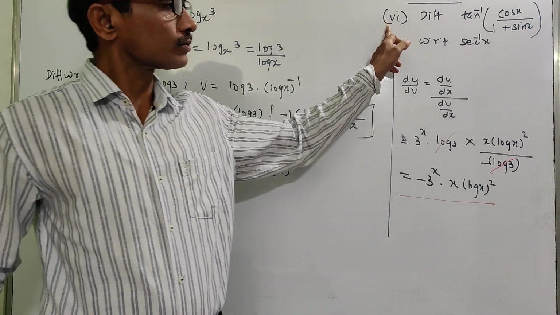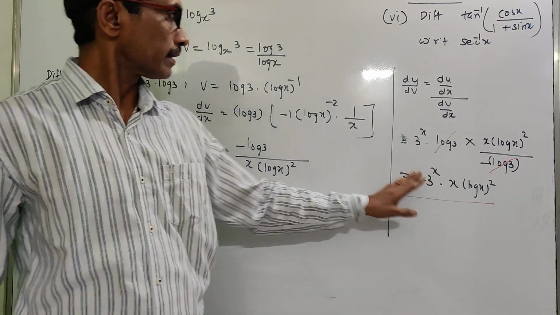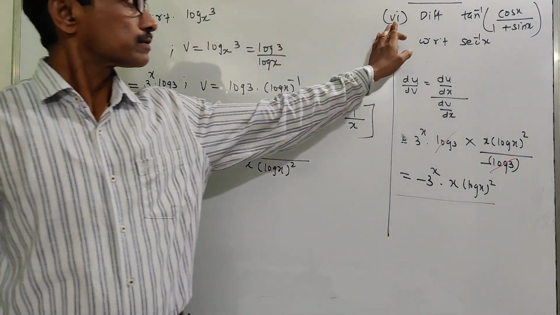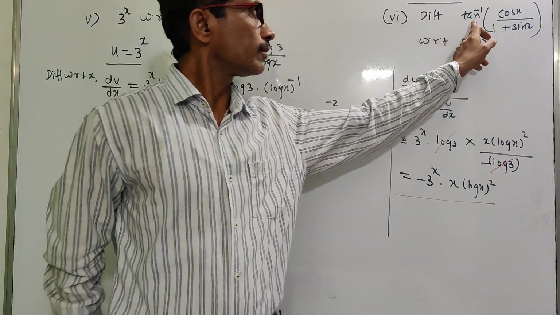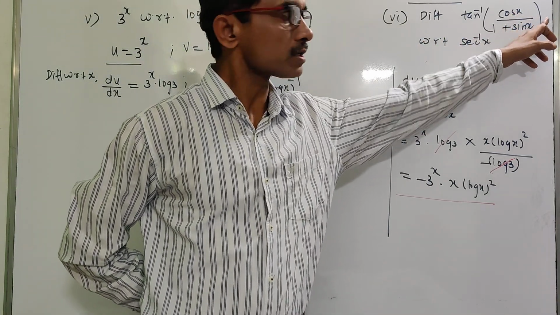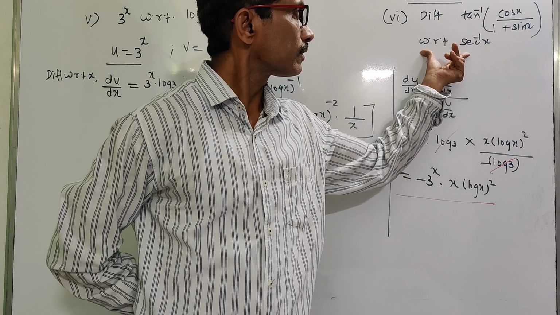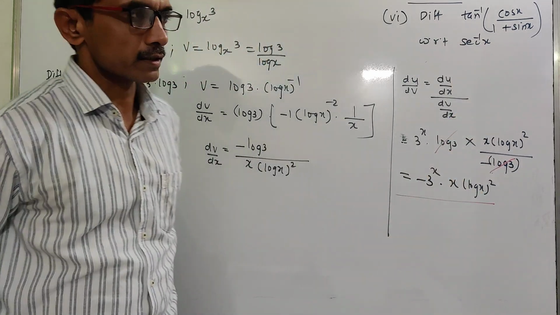Now look at the next question, sixth question. This is derivative of this. So sixth question, derivative of tan inverse of cos x upon 1 plus sin x with respect to sec inverse of x.